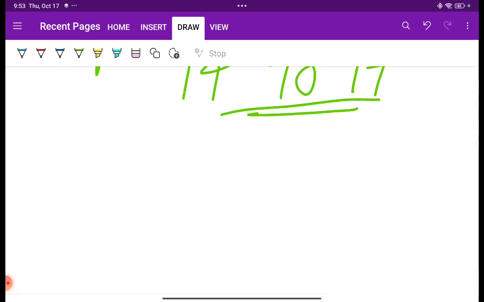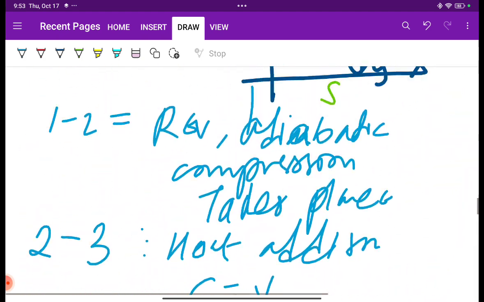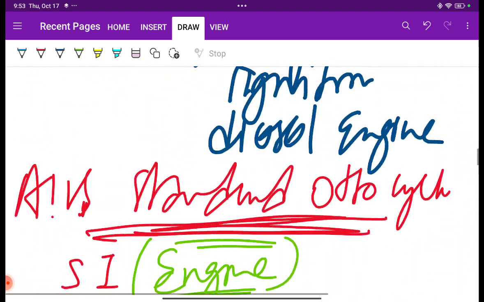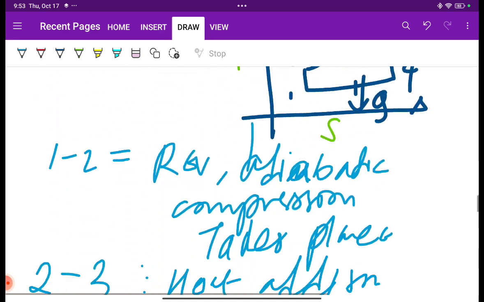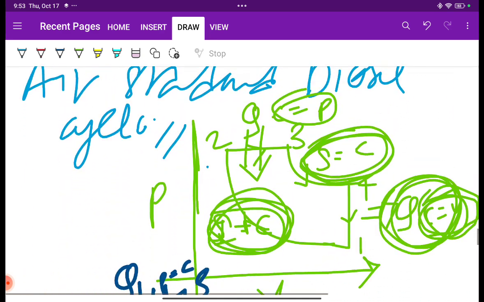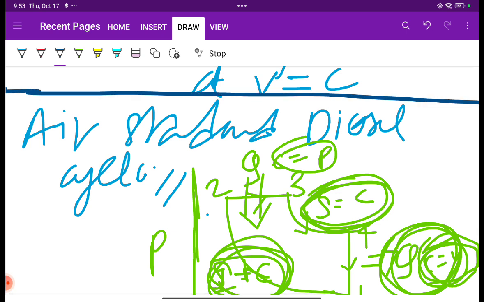The cycle works by injecting fuel into hot compressed air, which causes the chemical reaction and combustion. As I have said already, this air standard diesel cycle is a CI engine. Otto cycle is an SI engine. Air standard diesel cycle is a CI engine.